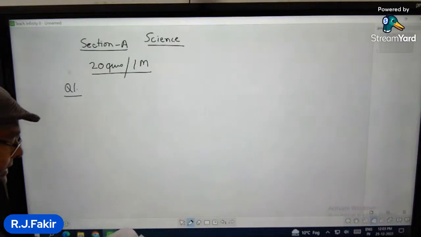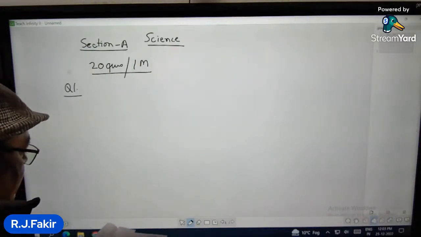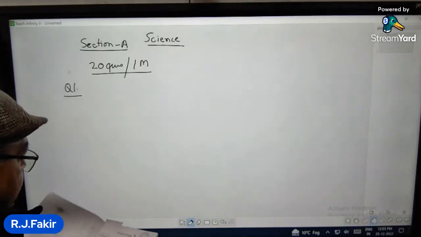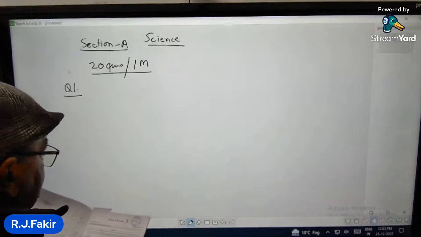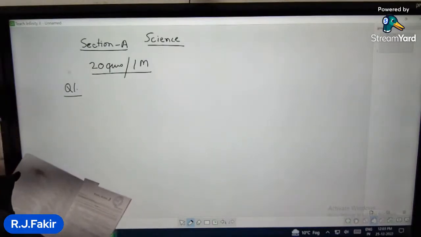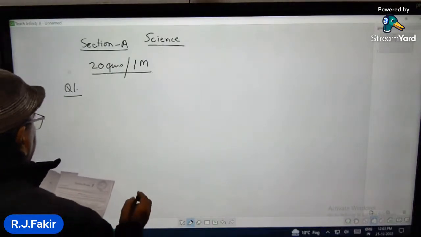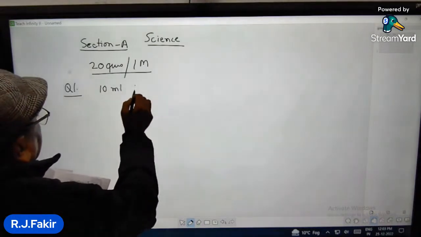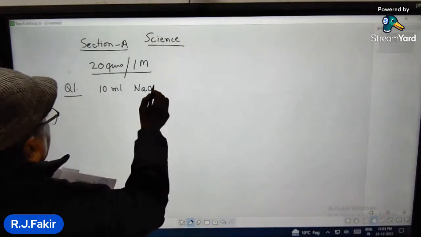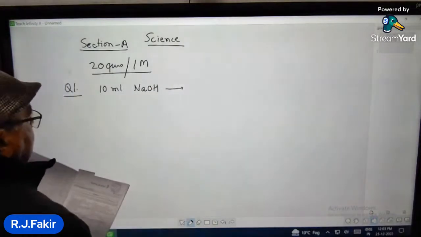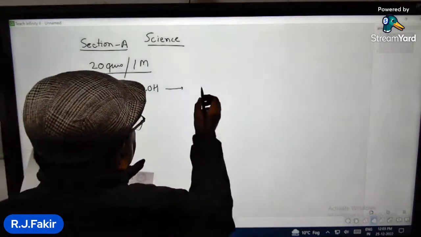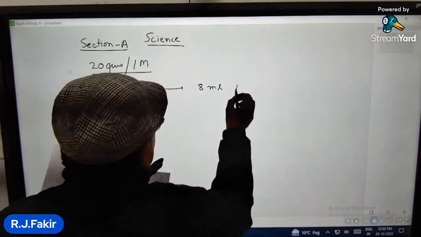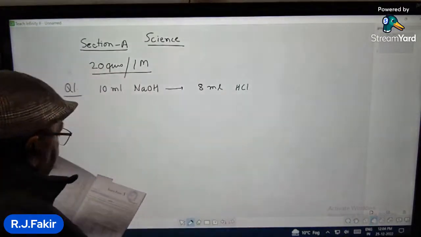Question number 1: 10 ml of a solution of sodium hydroxide is found to be completely neutralized by 8 ml of a solution of HCl, that is hydrochloric acid. So the information is that 10 ml of sodium hydroxide is completely neutralized by 8 milliliter of hydrochloric acid.